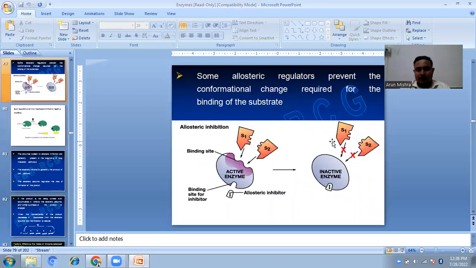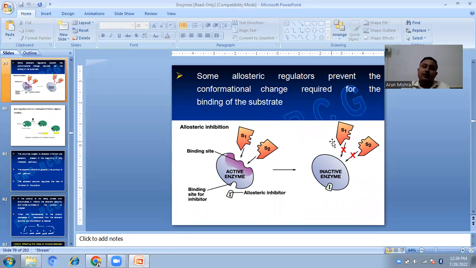Enzymes are regulated by allosteric modulators also. They can act as allosteric activator or allosteric inhibitor. When it increases the rate of reaction, then it is known as allosteric activator.